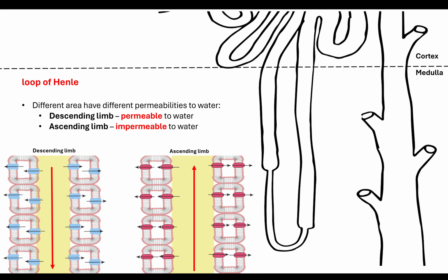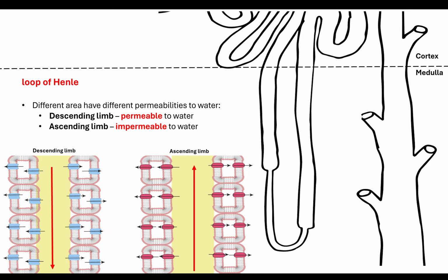Remember, your phospholipid bilayer has a hydrophobic region which will repel water. So to increase the permeability, we need there to be aquaporins, which are water channels that allow the water to diffuse down its water potential gradient by osmosis. You can see in my diagram that I have blue channels and red channels.